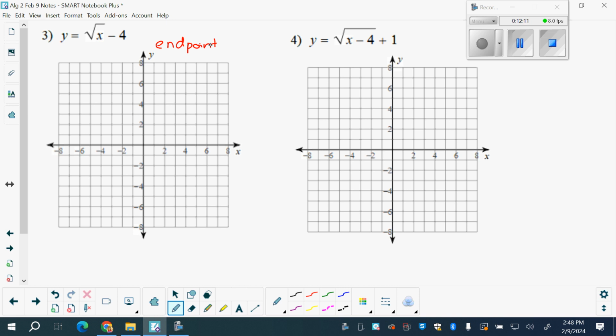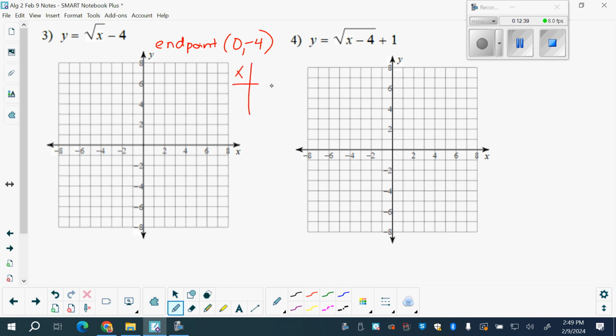So remember, on the inside of the square root, is there anything being added inside the square root? There's nothing, is there? So what's my X value? 0. And any idea what my Y value is going to be? Because that's outside. -4. That's right. So 0, -4 is my endpoint. Questions on that? 0, -4, because you have to have that endpoint when you go to do it.